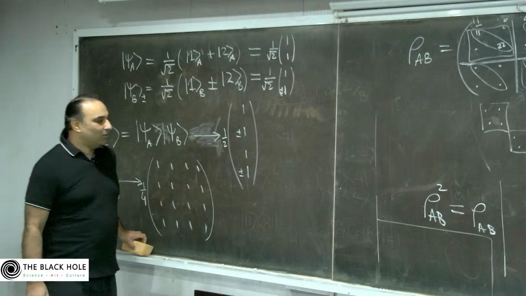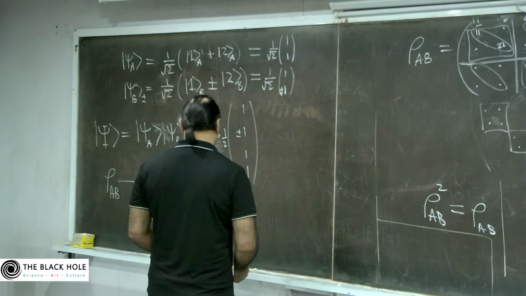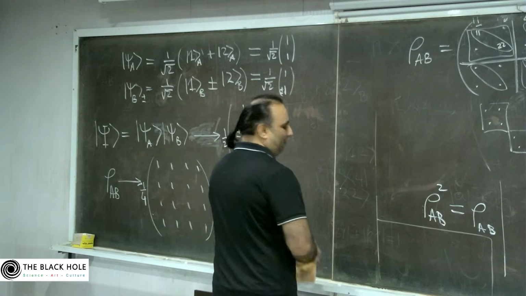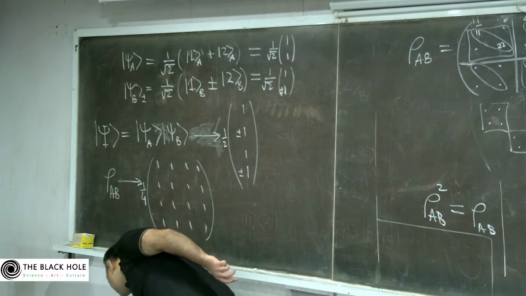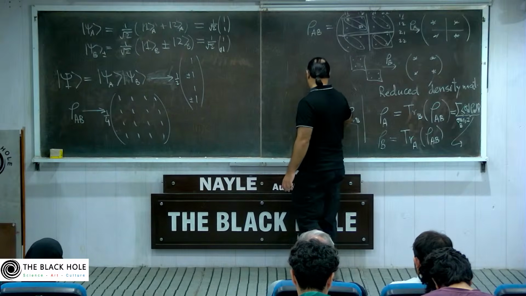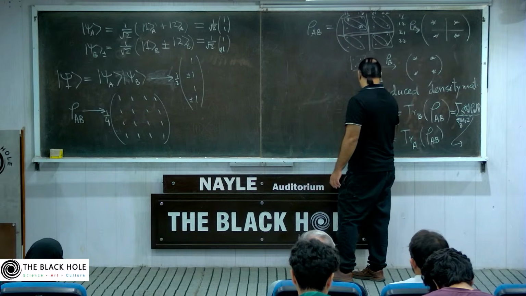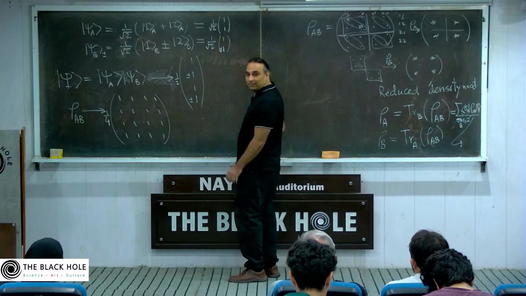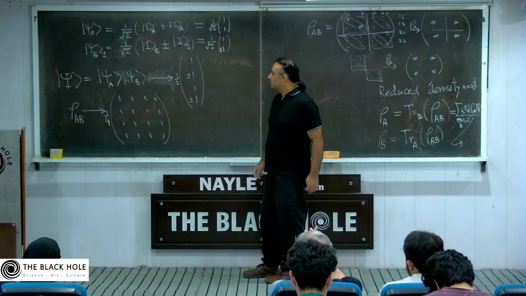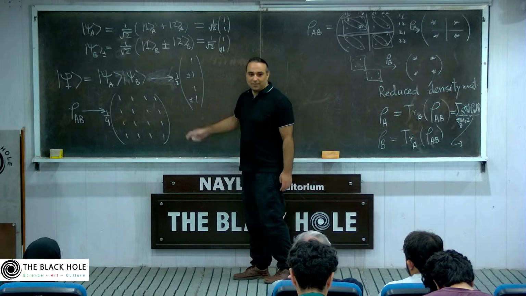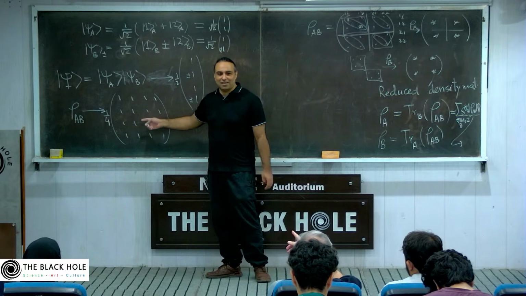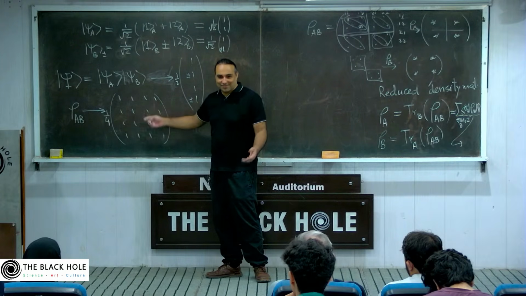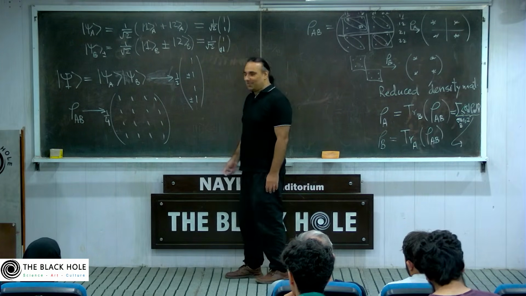Now let's compute the reduced density matrix of, say, system A. Yeah, just plus, because for minus I'll have to be more careful, so I don't want to do that, because then there will be some mistakes.